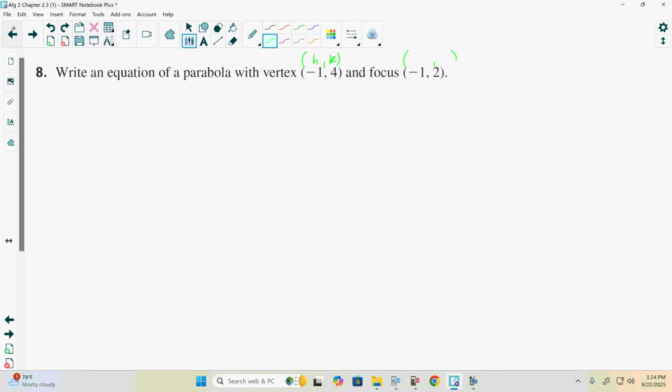What value didn't change? Is it h or k? h stayed the same, so the focus has to be the point h comma k plus p, because h stayed the same, so that vertex's first value has to just be h. Or we could say that the value of k changed, so our focus has to be k plus p.